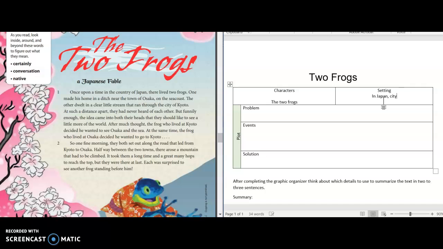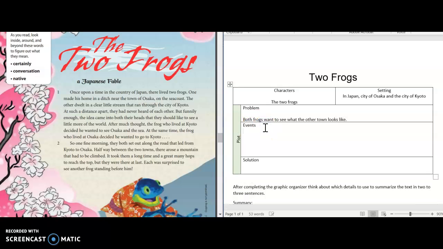And then it was the city of Osaka and the city of Kyoto. Now the problem in the story was that both frogs want to see what the other town looks like.